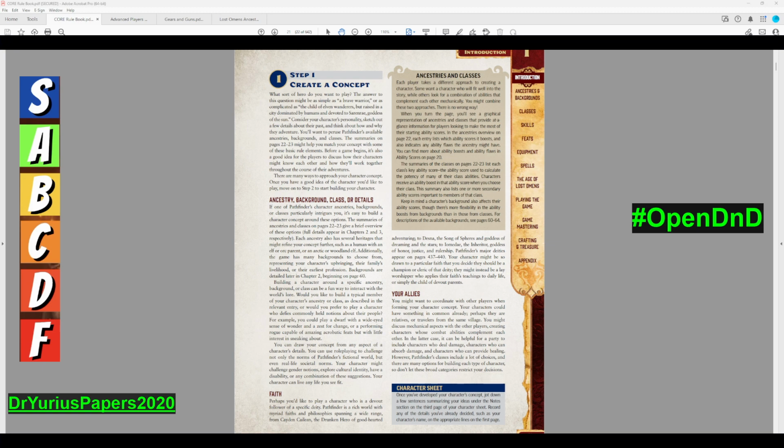So when you're creating your character, you're going to pick the ancestry, and there's a whole bunch of them, tons of them, just like in a lot of other games. There's a whole bunch in Pathfinder 2nd Edition. I've got a couple of the books open. As you can see up here, we've got the Core Rule Book, the Advanced Player's Guide, Guns and Gears, and Lost Omens.